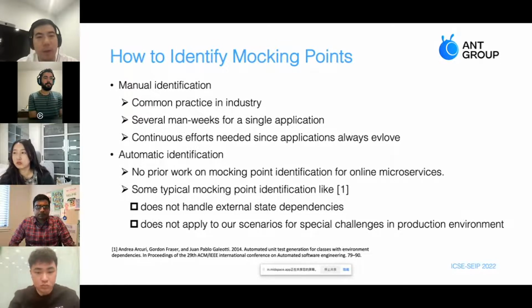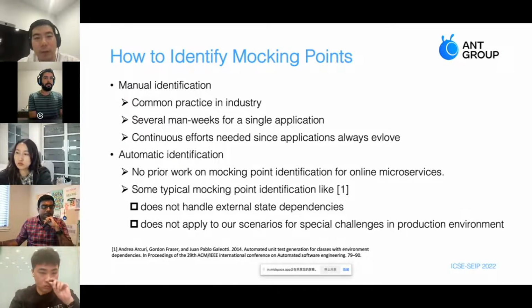That is very labor consuming. It will take maybe some weeks for one single microservice. And as the application evolves, we need continuous effort to maintain the mocking points.